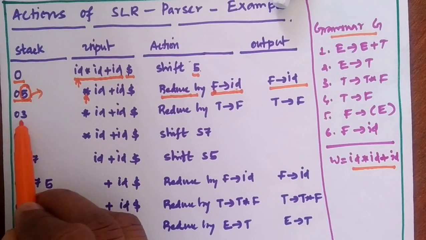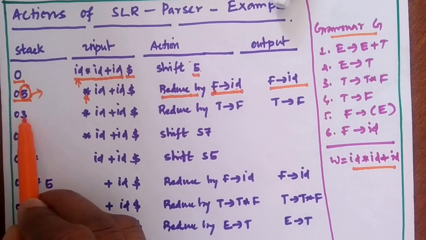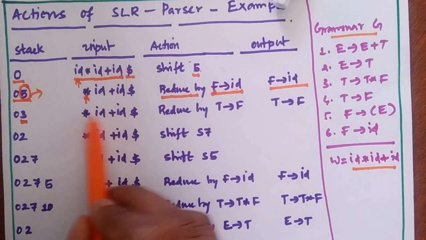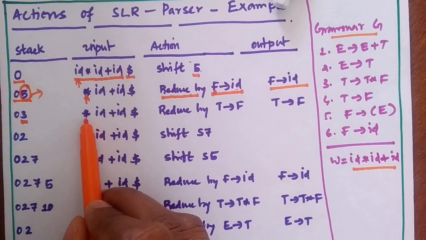So the parser will push state 3 onto the stack, with 0 below it. So on the stack top you get the new state 3, and there is no advancement of the input pointer. The input pointer points to the same symbol.